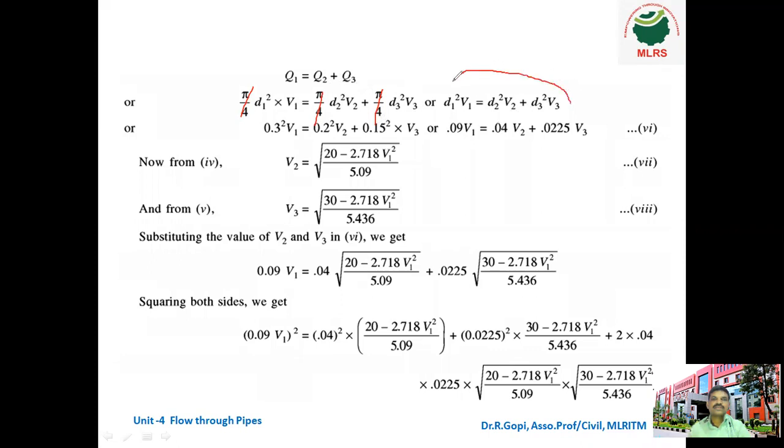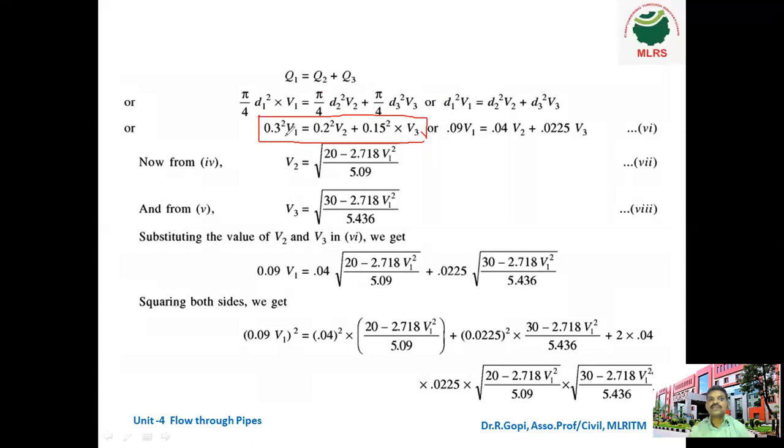We know the diameters: D1 is 0.3 meter, D2 is 0.2 meter and D3 is 0.15 meter. Substituting, 0.3 square V1 equal to 0.2 square V2 plus 0.15 square V3.